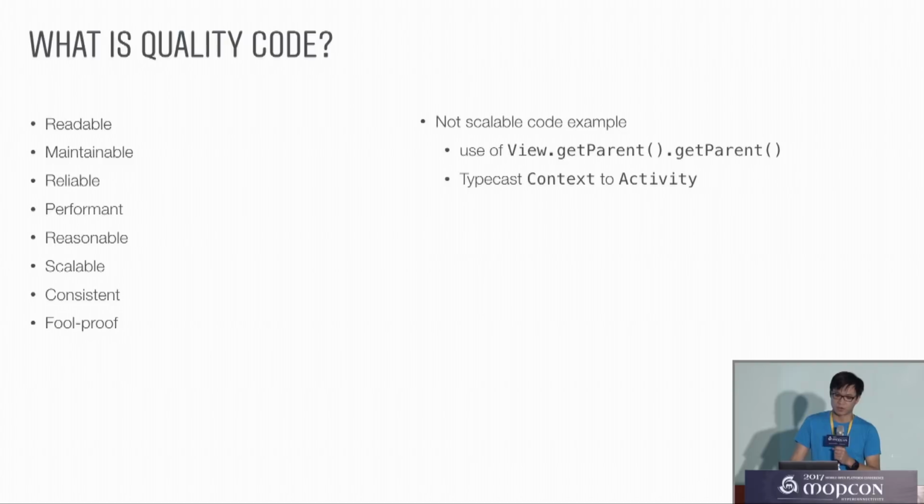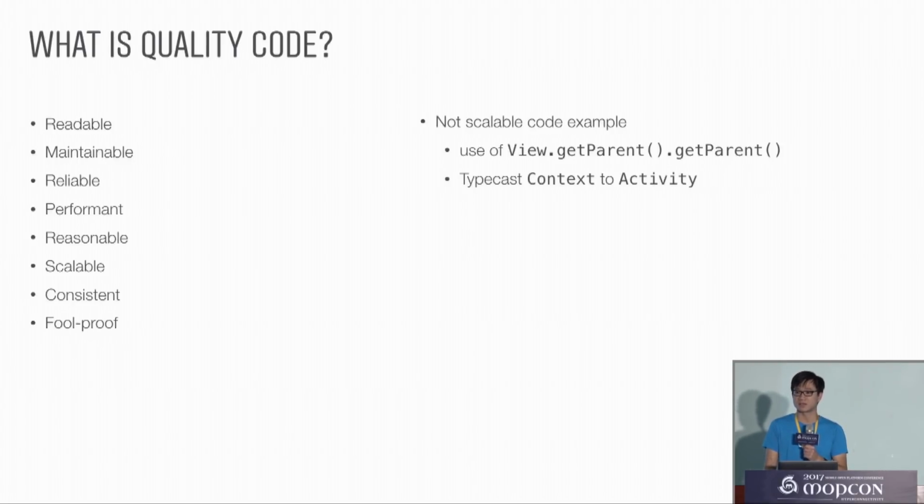A scalable code means the code leaves some room for future improvement. And a counterexample of scalable code is that if in Android you use View.getParent, sometimes when you move the view from one view hierarchy to another view hierarchy, then your code just breaks very easily. That's one counterexample of non-scalable code.